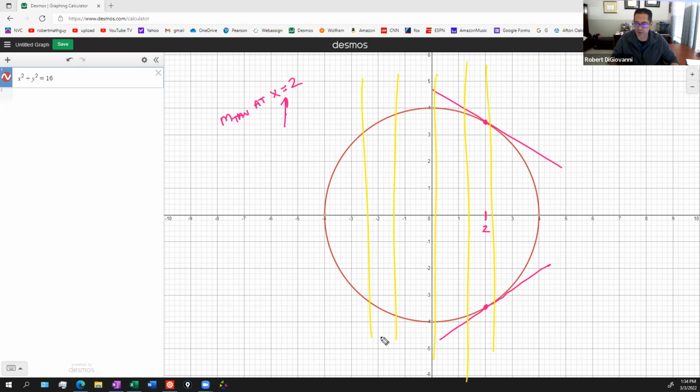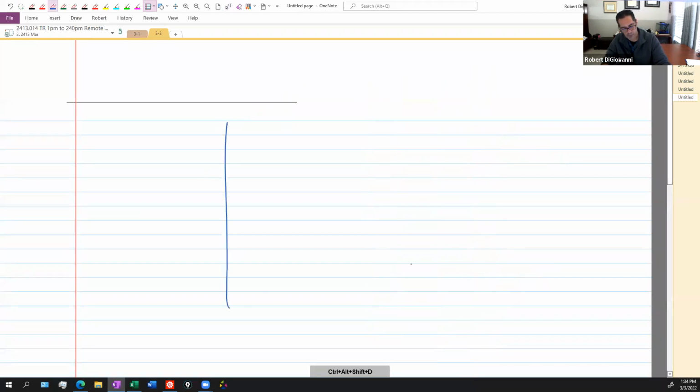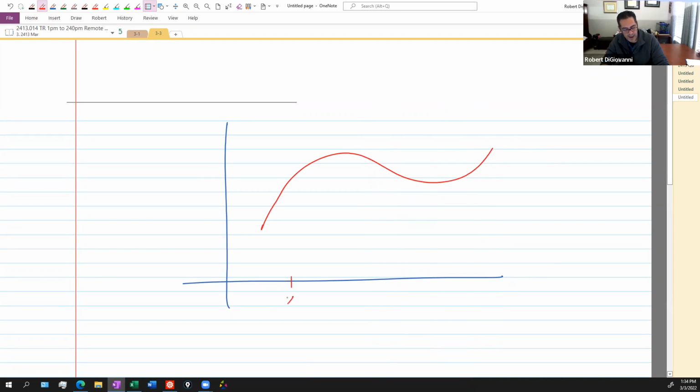And so if I give you a function and I give you a specific x value, there is only one tangent line possible because there's only one point on that function that corresponds to that x value. But with a circle, there's more than one. So like I said, we need a way of nailing down which one we're talking about.